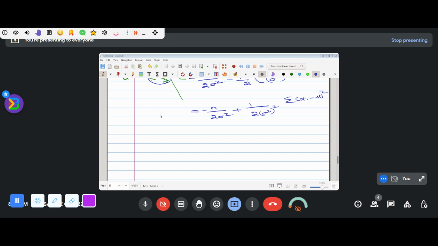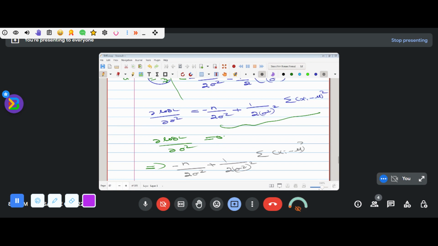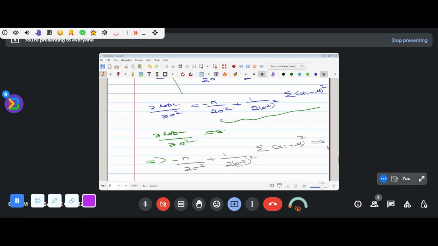So this first derivative, dou log L by dou sigma square, is completed. The rule is that this value equals 0. That means minus n divided by 2 sigma square plus 1 divided by 2 sigma square the whole square, summation xi minus mu the whole square, equals 0.